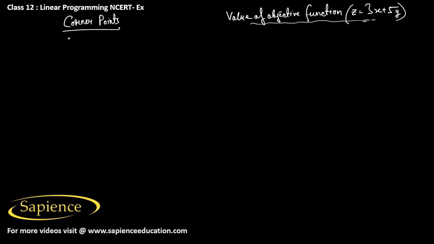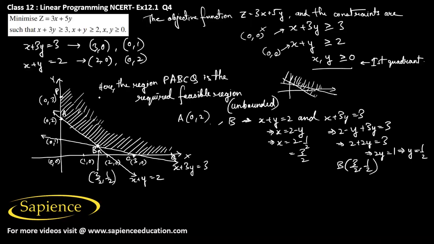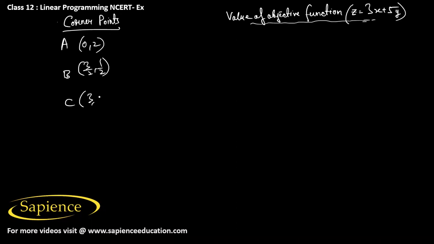So now here the corner points are A, which is (0, 2), point B, which is (3/2, 1/2), and point C, which is (3, 0). Therefore the value of z at point A will be 3 into 0 plus 5 into 2, so that is 10.